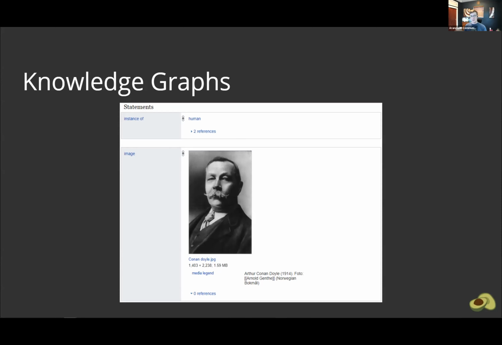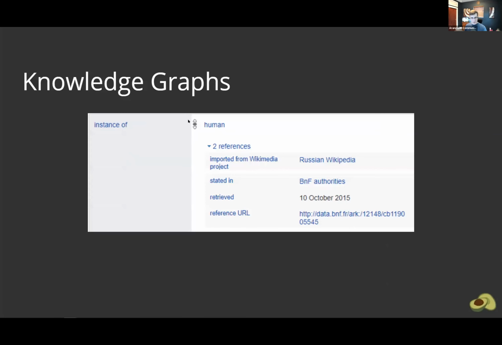And they're broken out into statements. That's what Wikidata calls these little sections of information. That first one up here, the instance of human, we'll see something similar to this when we look at the DBpedia dump and how that looks. But let's take one step further down and look at the reference for that.